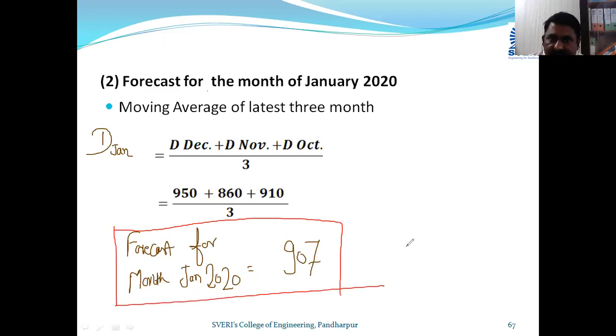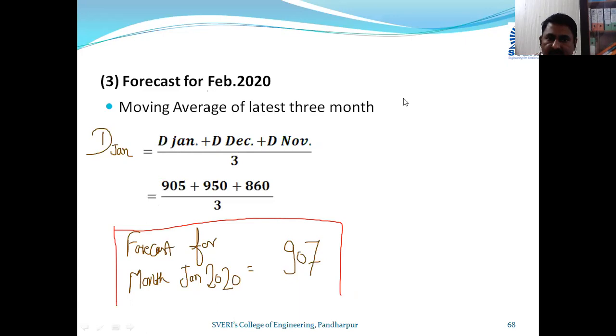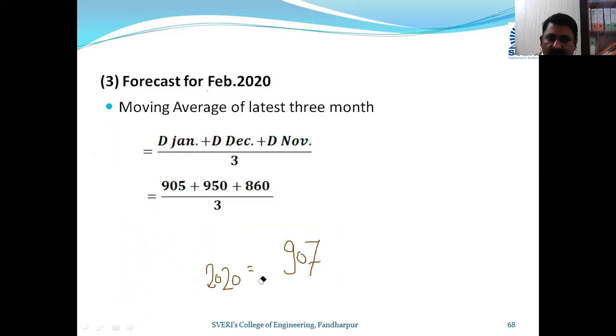For the first case. Okay, now let us proceed further, the next part. Forecast for February 2020.